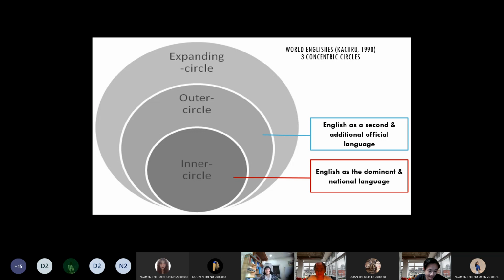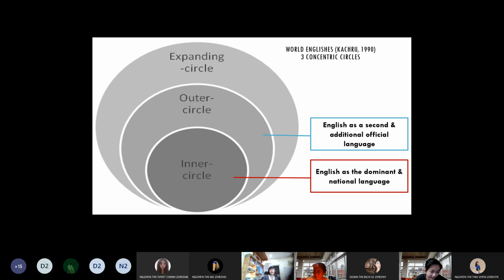So actually, 3 years ago, there was a much heated debate about whether to grant the status as the official language in Vietnam or not, and the answer from the government was no. English is just one of the foreign languages used in Vietnam, like Chinese, like Japanese, like Korean, but not the second language.